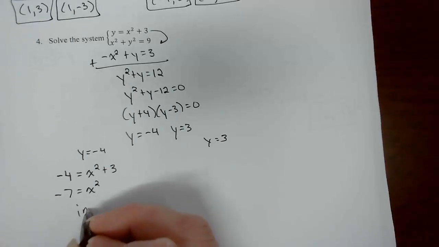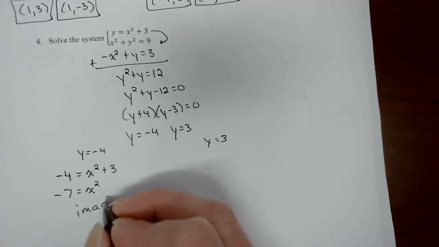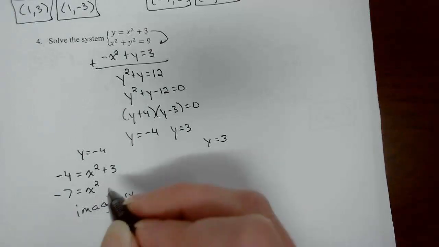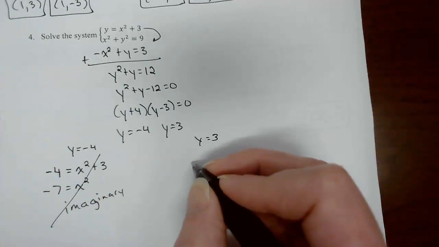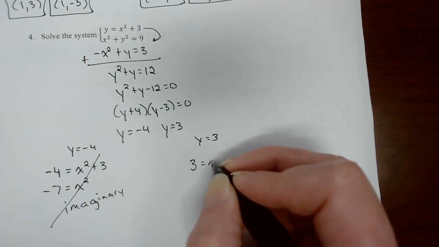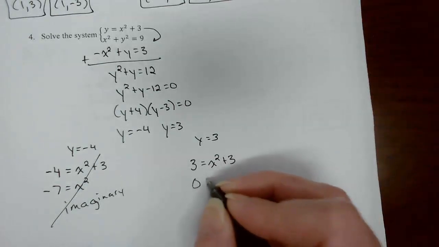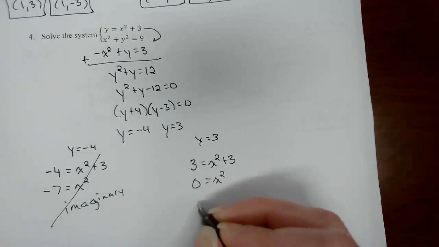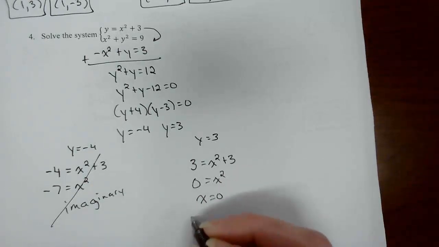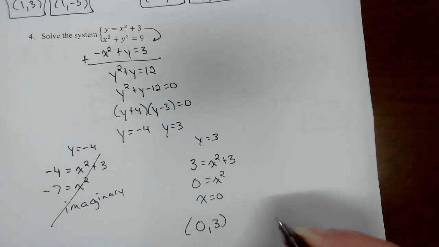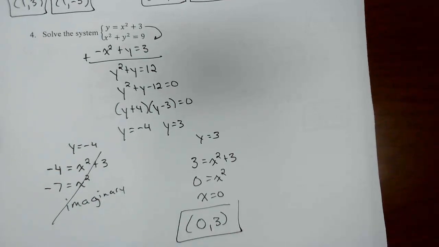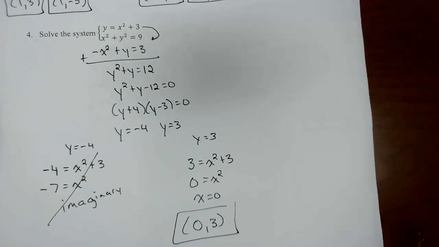Uh-oh. These are imaginary solutions. That's not what we want. If I plug 3 in and subtract 3, I get 0 equals x squared. So x equals 0. So this one actually ends up only being 1 point of intersection.